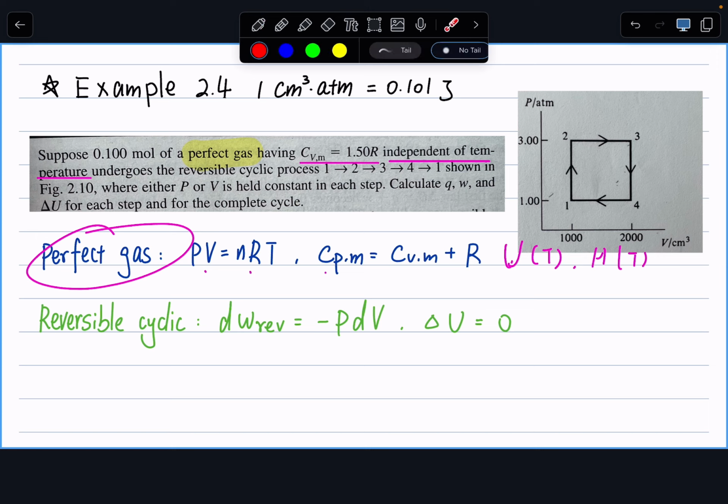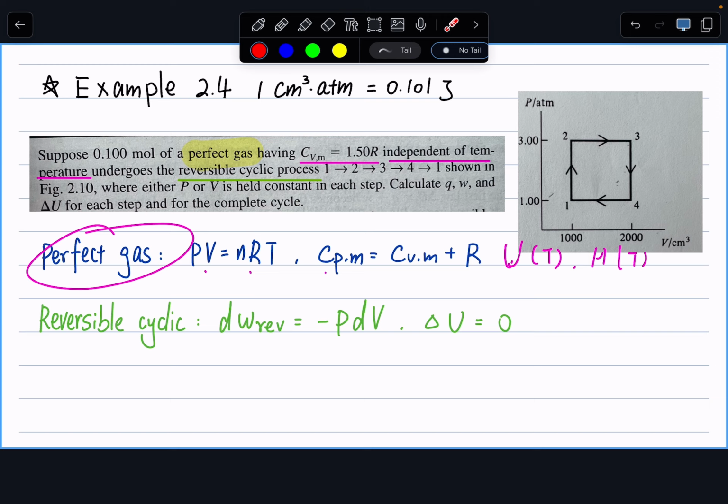And then it's telling us this perfect gas undergoes this cycle, which is a reversible cyclic process going from 1 to 2 to 3 to 4 to 1. When we're reading reversible cyclic process, we can instantaneously write out, okay, it's reversible, so I can use dW reversible equals negative PdV.